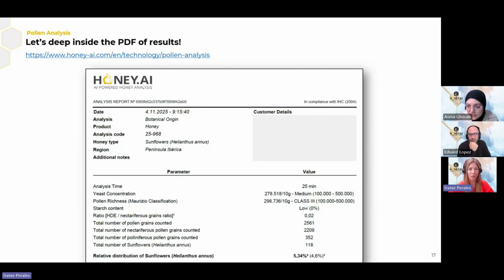I don't want to open it now, but just to show that if you go to our website, go to the Technology tab, choose pollen analysis and scroll down, you will see exactly what I'm going to show now. You will see an interactive image of the PDF of results, and you can go surfing in the image, and you will directly see the explanation of each piece of information that we cover.